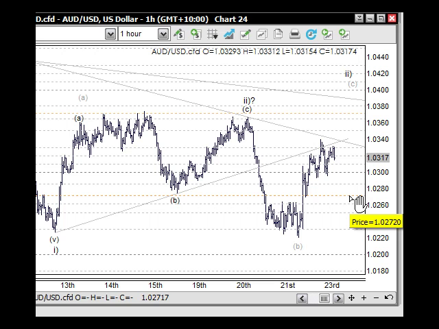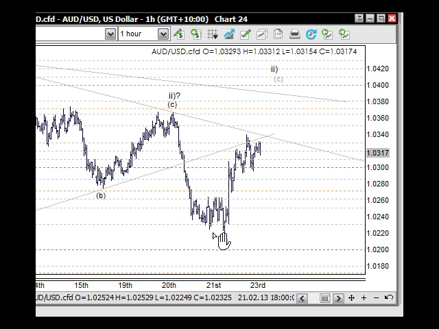The other scenario is that we haven't finished our wave 2 rally, and we'll be seeing it going higher up there. And if that was the case, then we would be looking at this as up for wave 1, an A and a B and a C for wave 2 here, and then up for the third wave, the fourth wave, and the fifth wave.